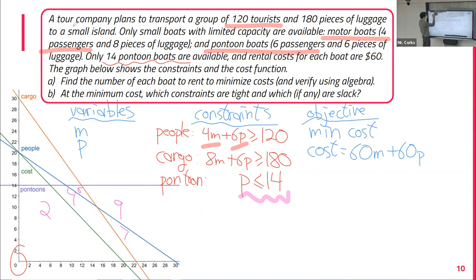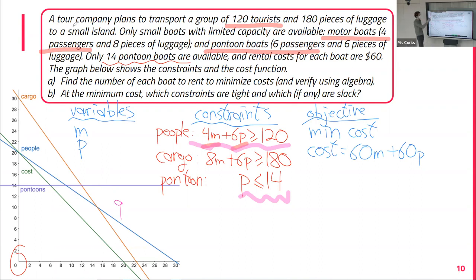Next one, let's do people next. Here's our people constraint. Are we above or below that line? We are above this line. So 2, 4, 7 are not possible. Now we can see the 9. We are above the cargo constraint, and it must be 9.